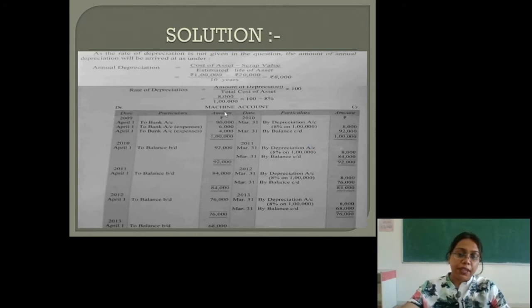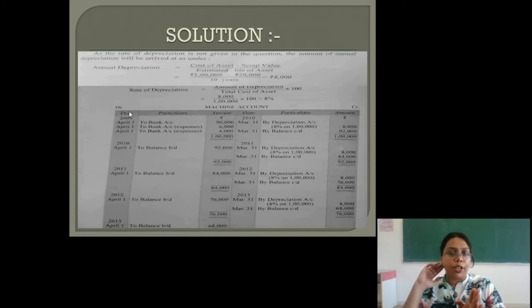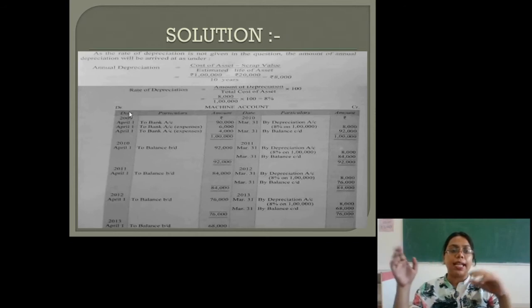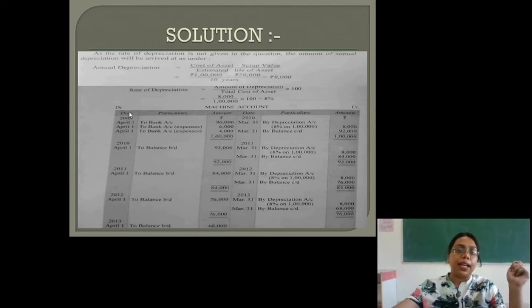Firstly, we will make the machinery account. We'll draw 6 columns, as we used to prepare our cash books, the same format is used for depreciation: debit side, credit side. In debit side, we will make date column, particular column, amount column.